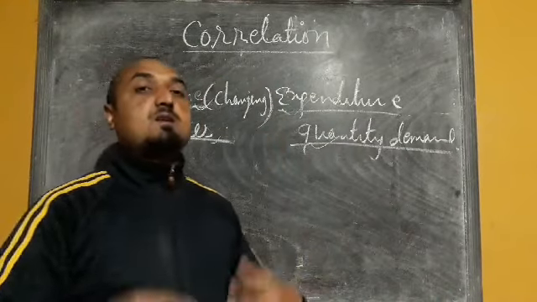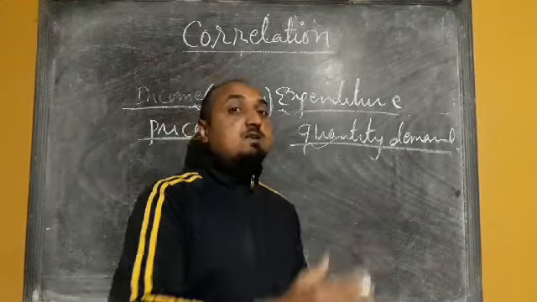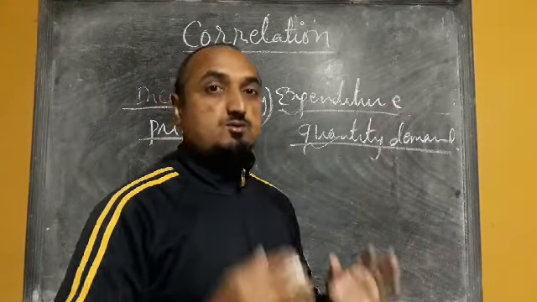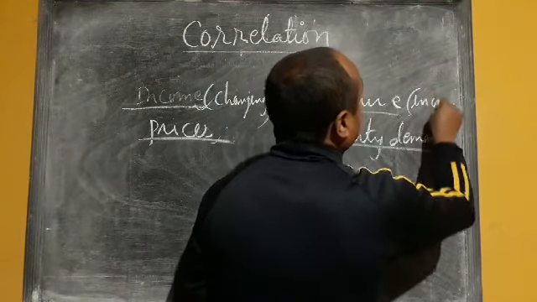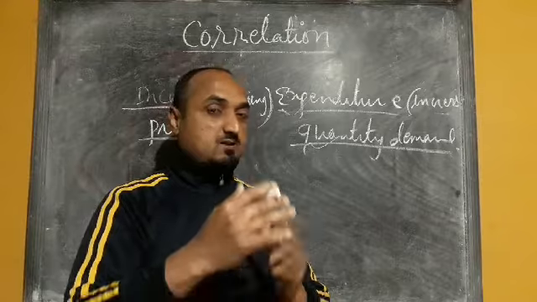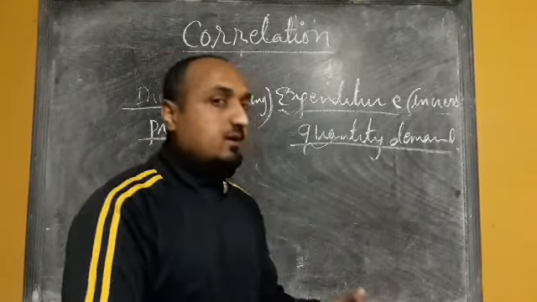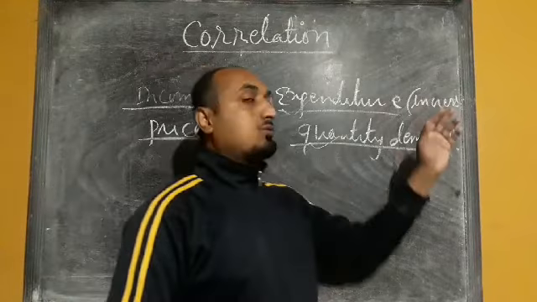Then the change in income has the power to change the value of expenditure. If income is increasing, your expenditure may increase. Similarly, if your income is decreasing, your expenditure will also decrease.